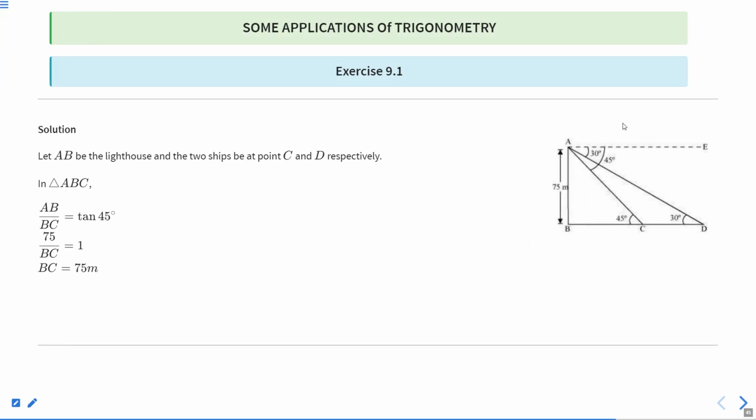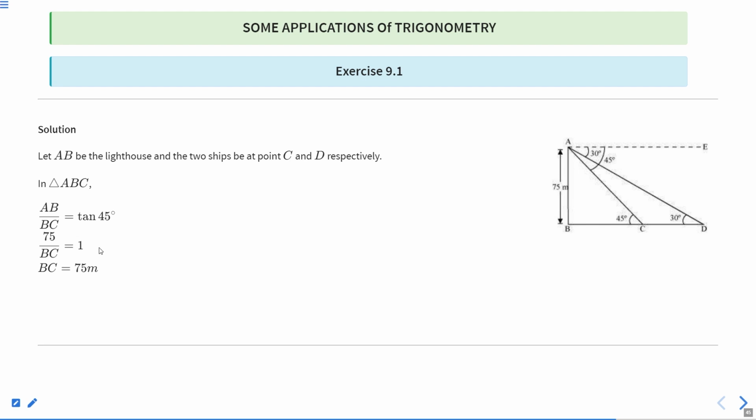You can see this figure. Let AB be the lighthouse and the two ships be at points C and D respectively. In triangle ABC, AB by BC is equal to tan 45 degrees, and we know tan 45 degrees is equal to 1.